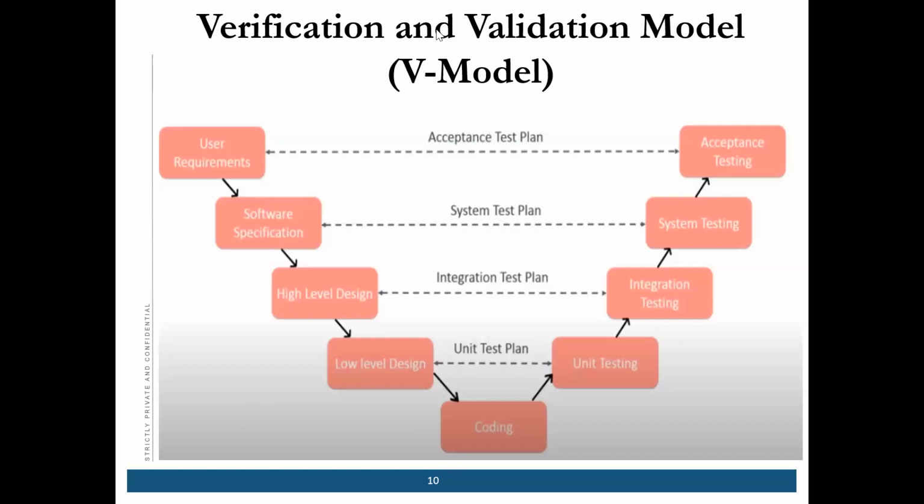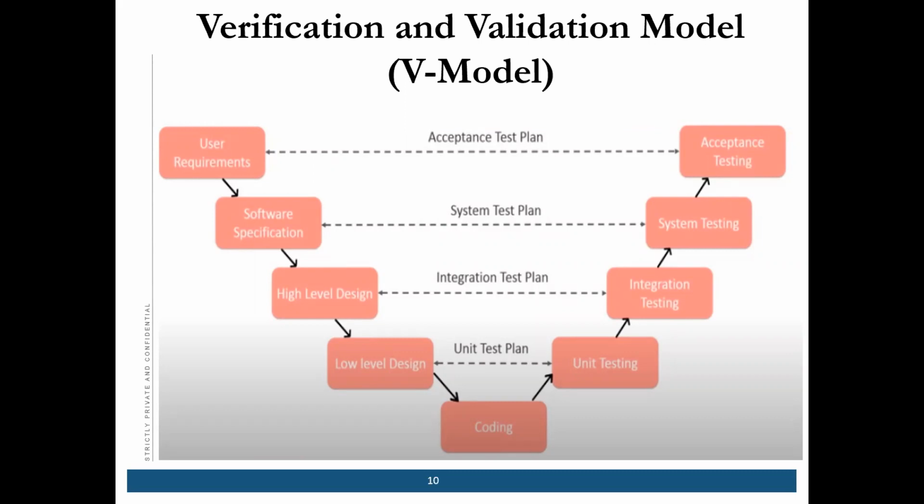So the first thing is user requirement. Once we have done with our SDLC, software development, at that time we learned that we gathered the information, all the requirements, right? All the specification. But what is the beauty of this verification and validation model, which is the V model? The tester is involved at the very first stage of our requirement gathering and analysis.